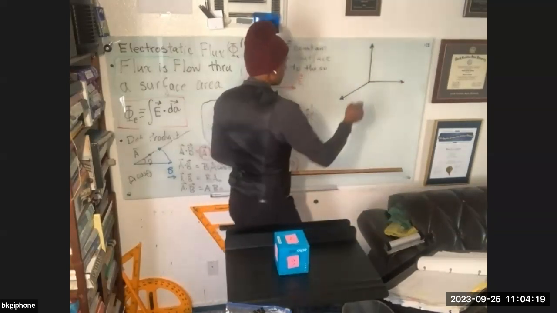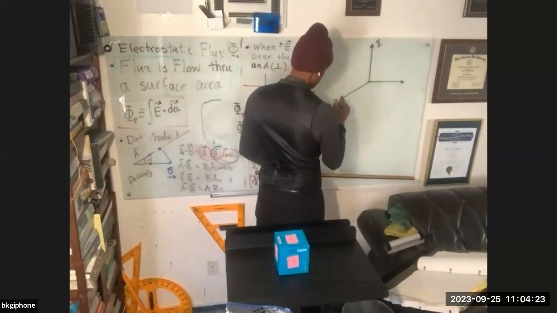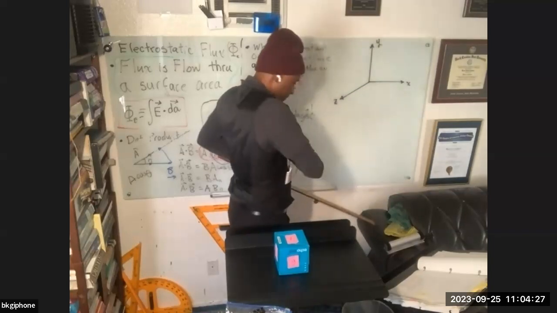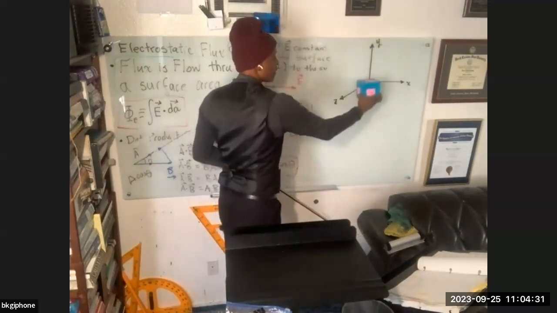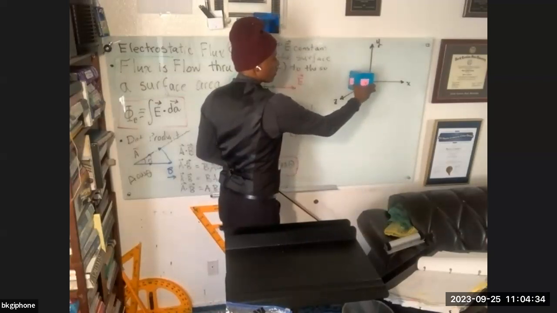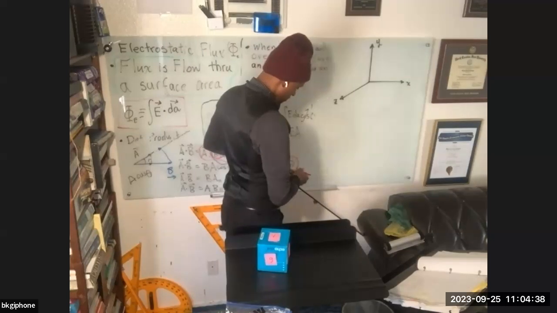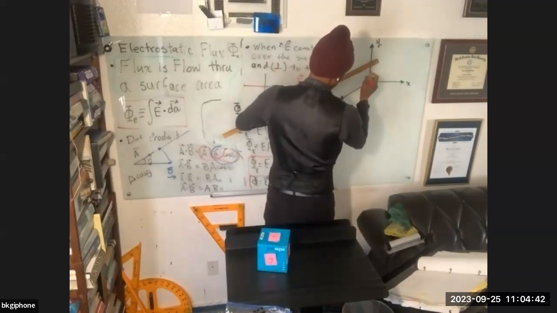I'll just stick with my notes: Y and Z and X. So I'm going to take this box and place it right here in the corner. It's kind of like this.